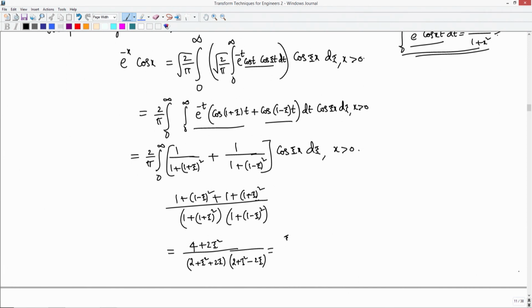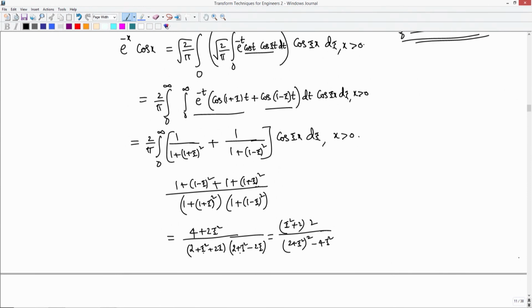So, you get xi square plus 2 into 2, this 2 here. You get 2 plus xi square whole square minus 4 xi square. So, what is this one? You get 2 plus xi square a plus b minus a minus a square minus b square.